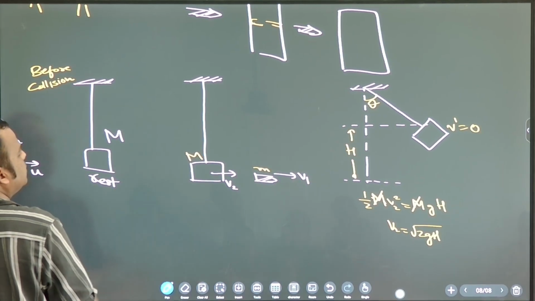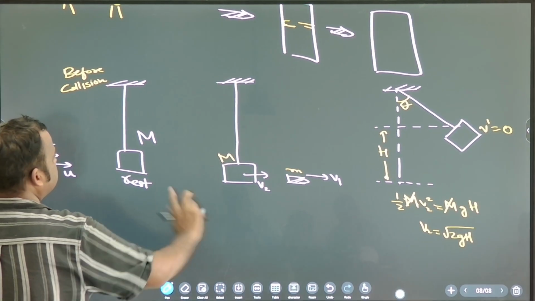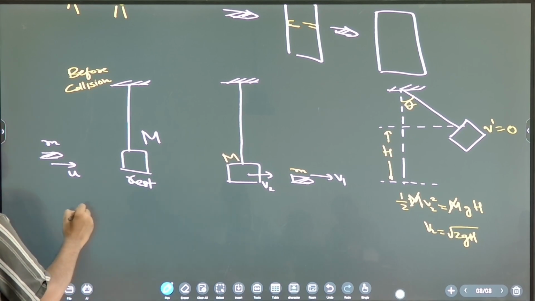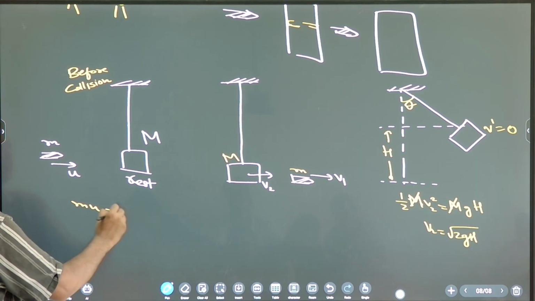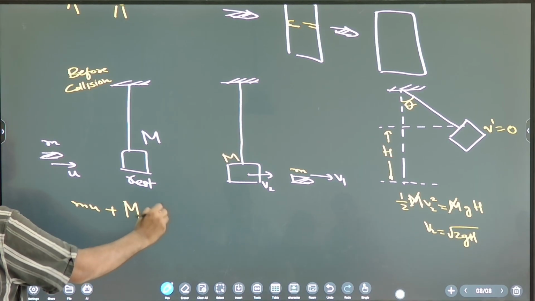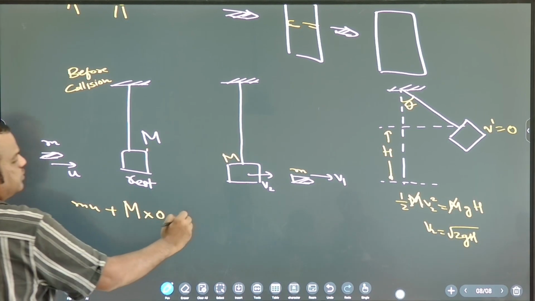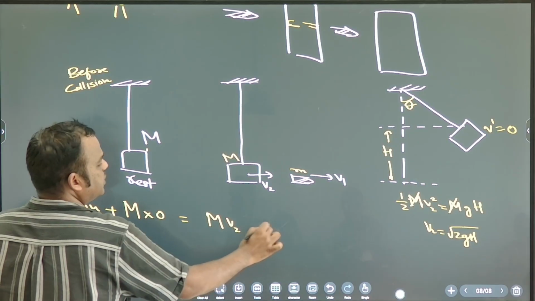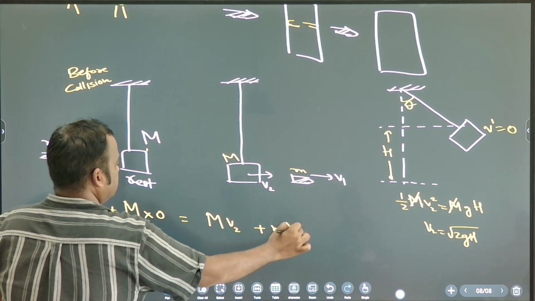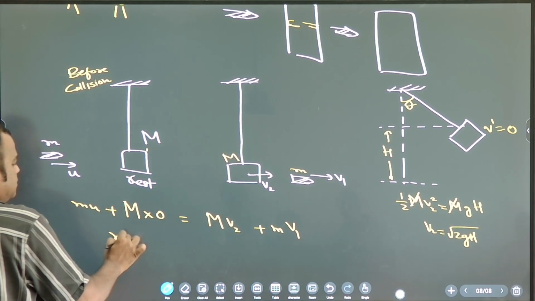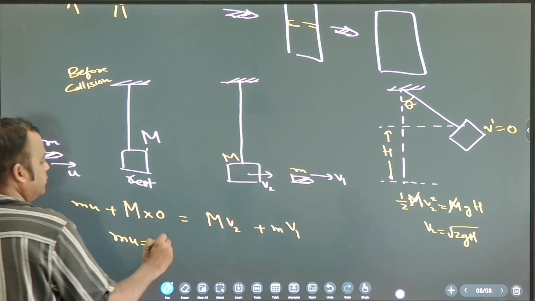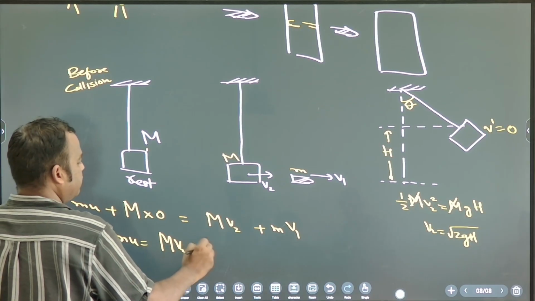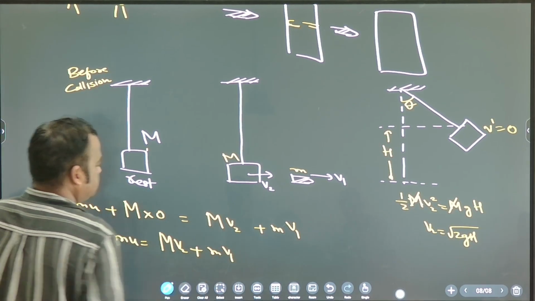Then conserve the momentum. mu plus M into 0, correct, is equal to Mv2 plus small m v1. So mu is equal to Mv2 plus mv1.